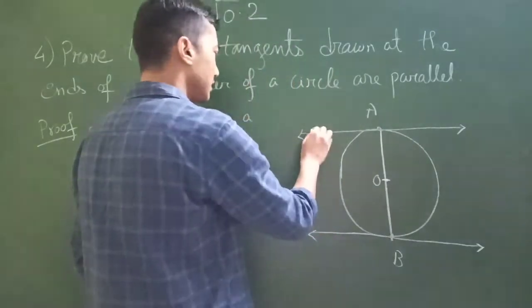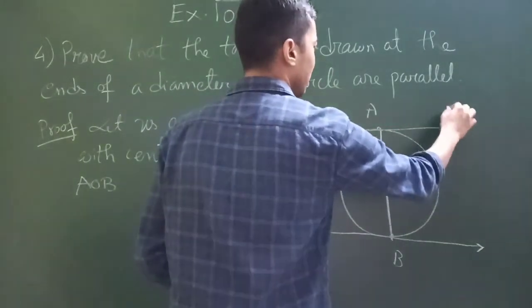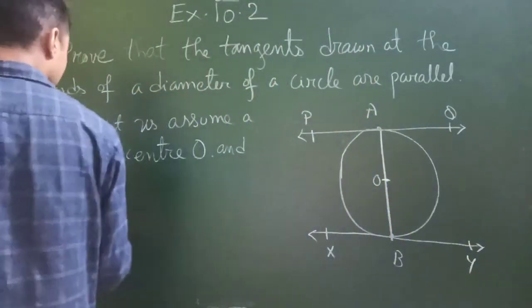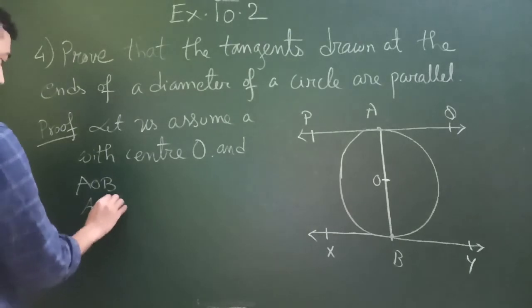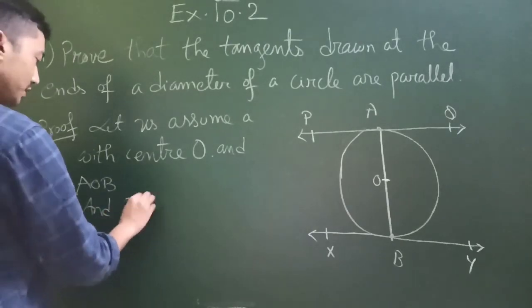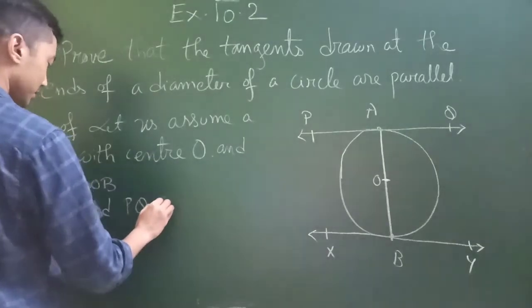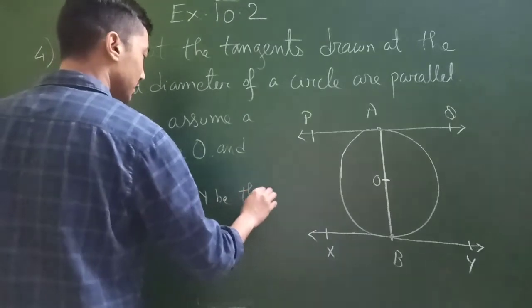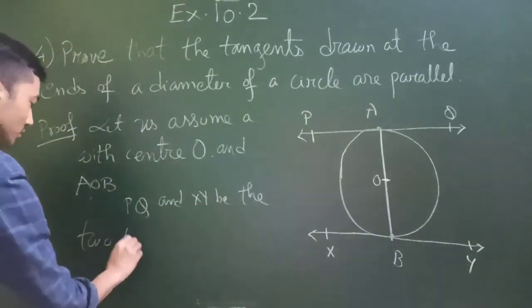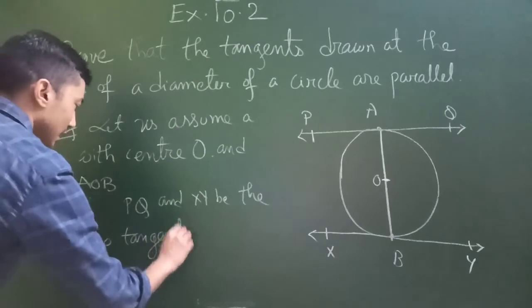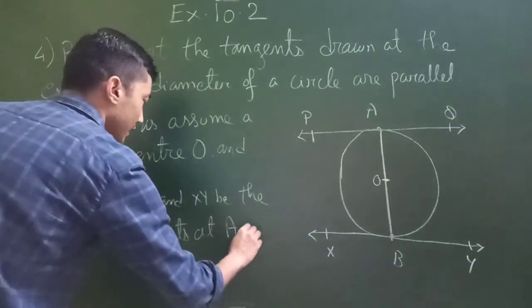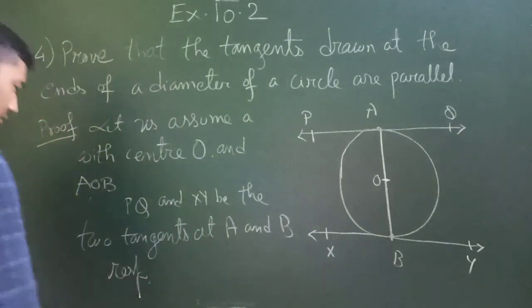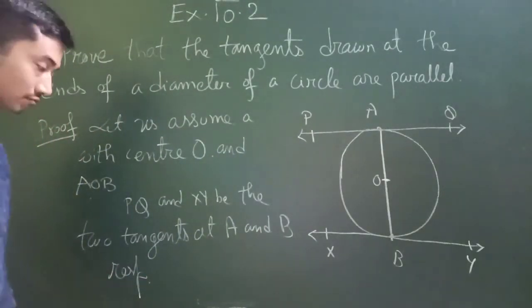Let's name this P, Q, and this X, Y. So let PQ and XY be the two tangents at A and B respectively. Done?